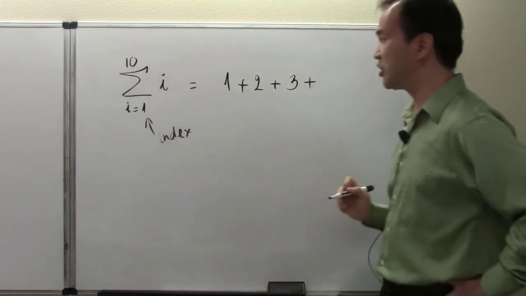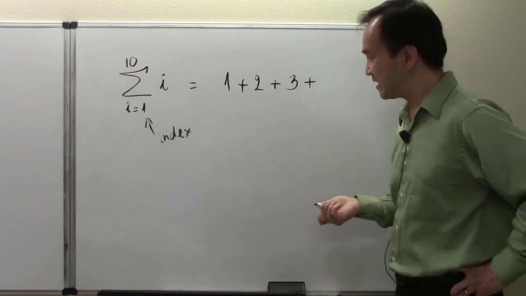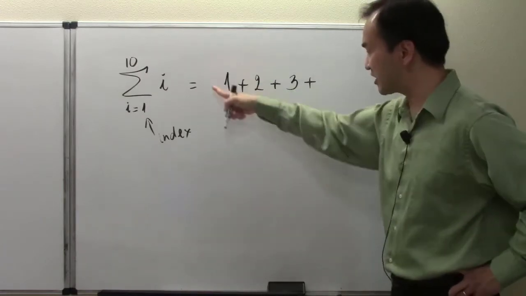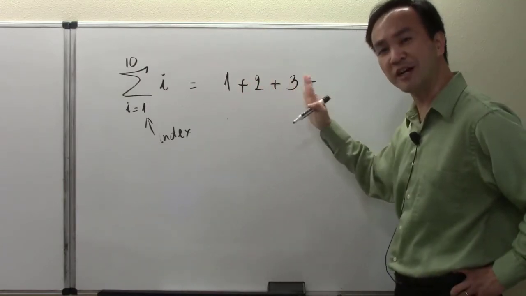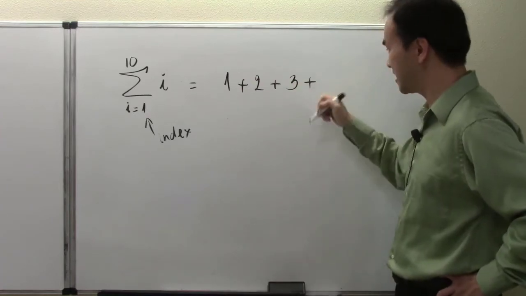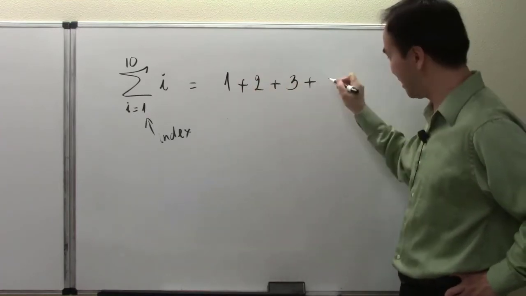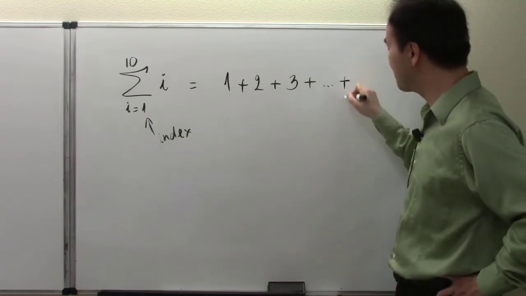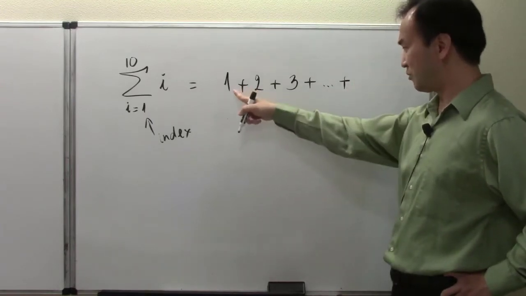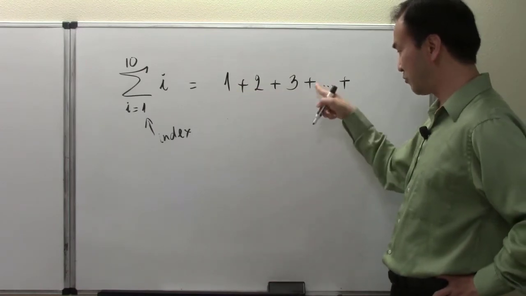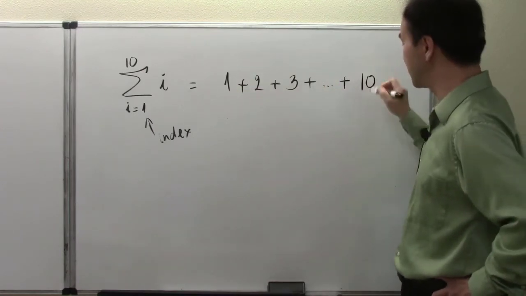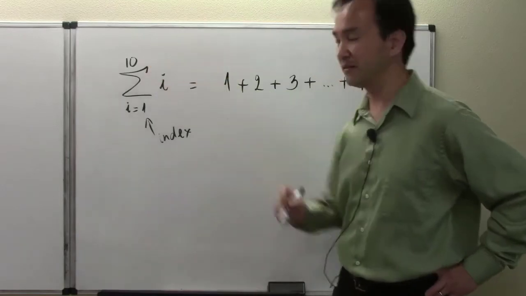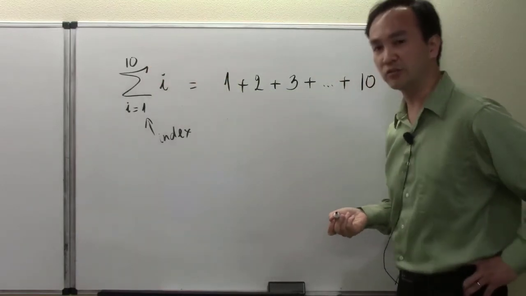Assuming you already understand the basic summation notation, this means that once we write down all the terms, it starts getting lengthy. So I'm not going to write all the terms down, but I'm going to leave dots between a couple of plus signs. So we add 1 plus 2 plus 3, and we keep adding until the last term is 10, and that's what the superscript 10 on top of our summation notation is for.